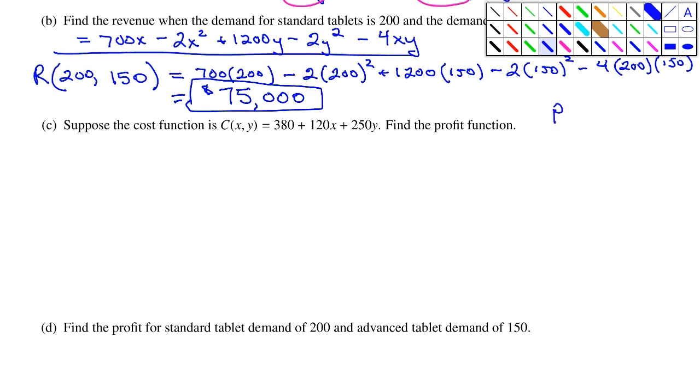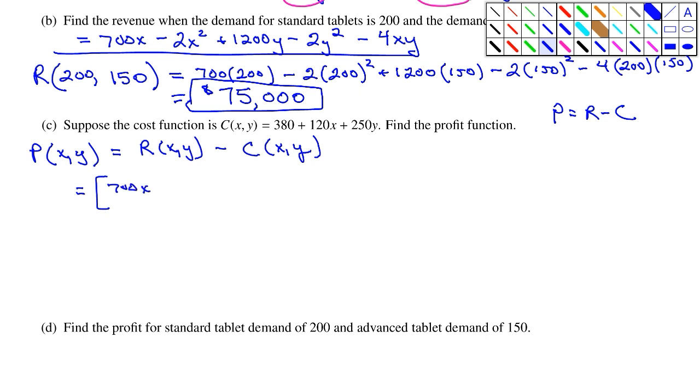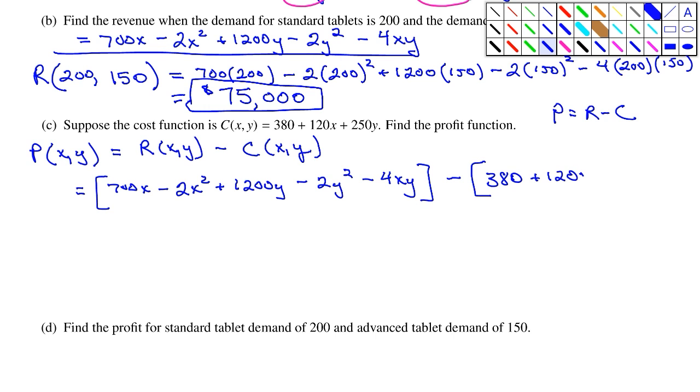Well, profit is still revenue minus cost, but now we're going to have P of x comma y is equal to R of x comma y minus C of x comma y, which would be 700x minus 2x squared plus 1200y minus 2y squared minus 4xy minus the cost function in parentheses, 380 plus 120x plus 250y. And then you would distribute the negative and simplify.